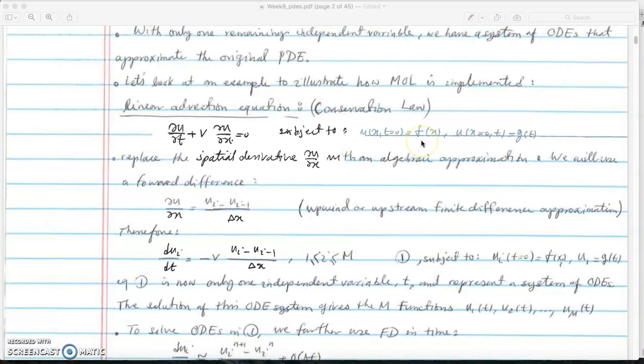Remember, we had two conditions, one on x and one on time. The one on x is we know the concentration at every time at x equals 0. That is exactly u1 at time n. That means at any time point, including t equal to n.